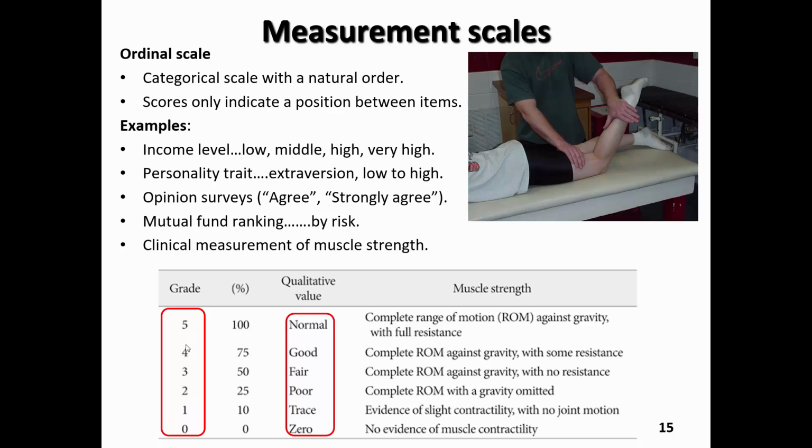So for one patient, the physiotherapist might assign a value of 3, which means the person has complete range of motion against gravity with no resistance. So the major point here is that we have a natural order that ranges from 0, in which the patient cannot contract their muscle, up to the highest level of 5, where they have full range of motion and full resistance.